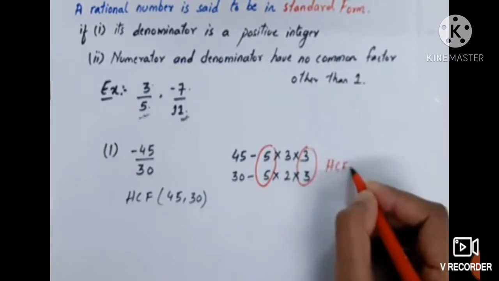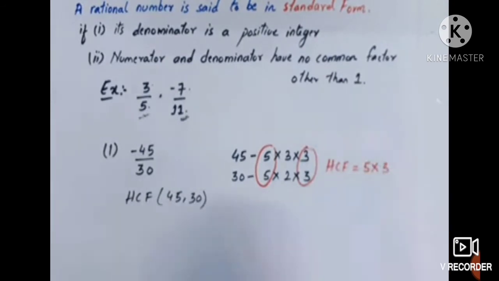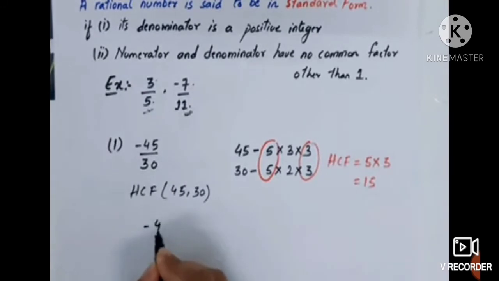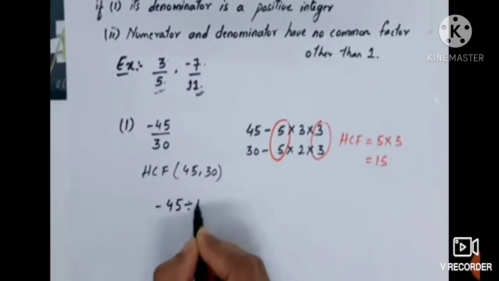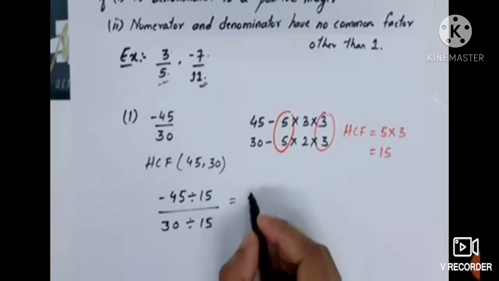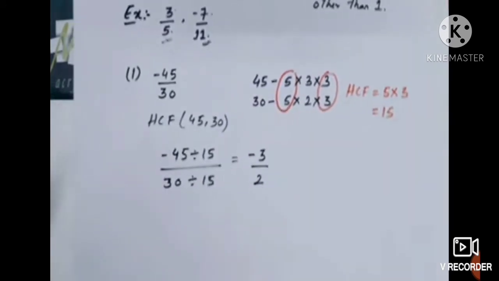The common factors are 5 and 3, so the HCF is 5 into 3, which is 15. After finding the HCF of both numbers, the next step is to divide 45 and 30 by the HCF. Then you will get the standard form, minus 3 by 2.